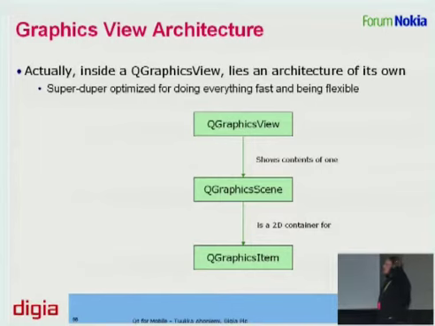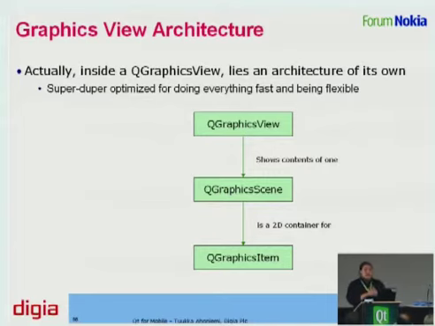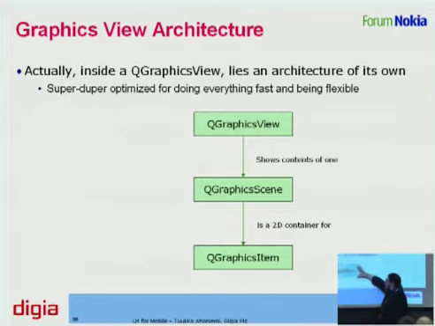So, graphics view is an architecture of its own. Basically what it means is that you have different sets of classes you use in order to produce that custom graphics inside that widget. You basically have graphical items, individual graphical items that draw themselves and are placed on a QGraphicsScene.